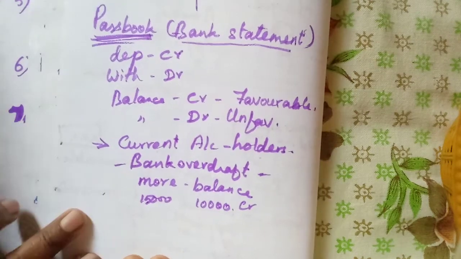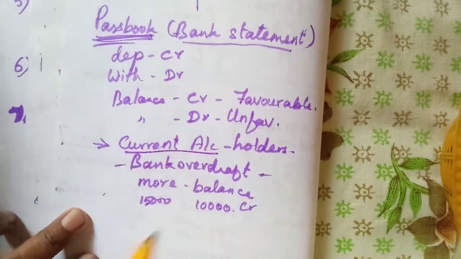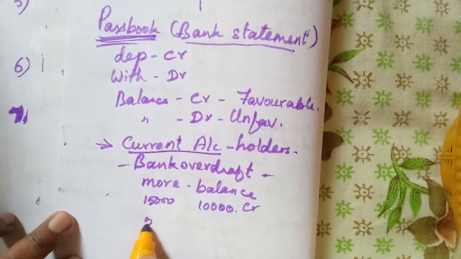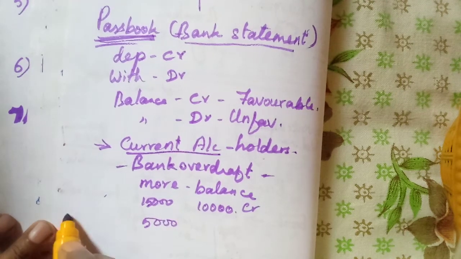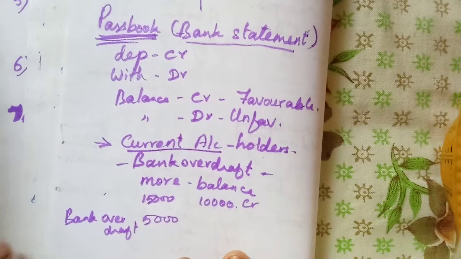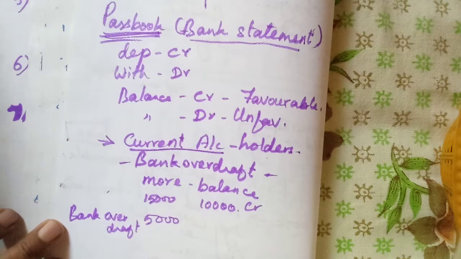You are allowed to withdraw this 15,000 from the current account. So that extra 5,000 is called what? Bank overdraft. You have withdrawn 5,000 more than what was available in your bank account.